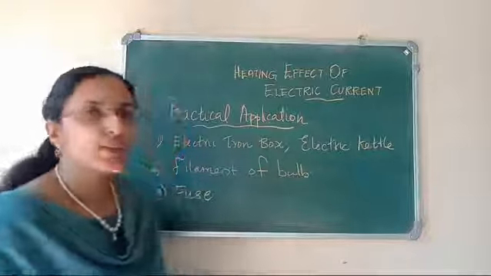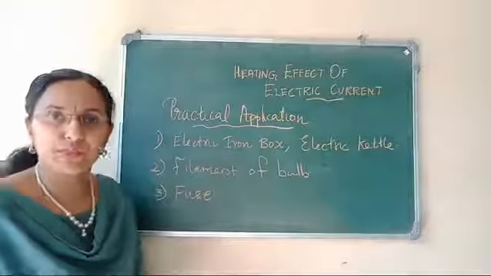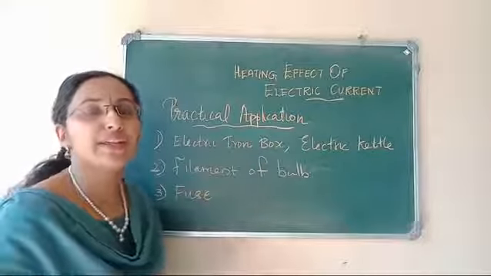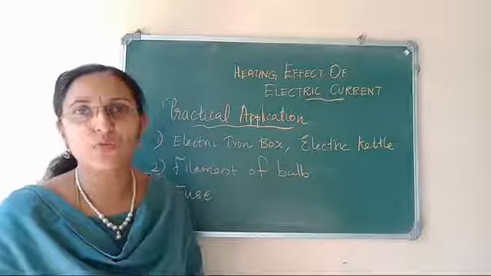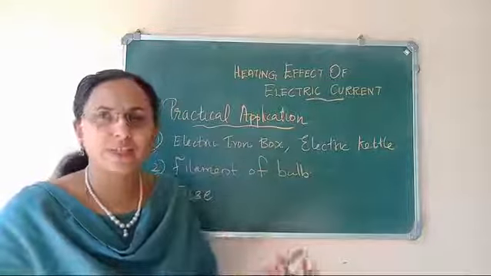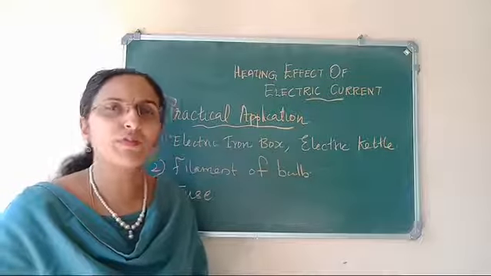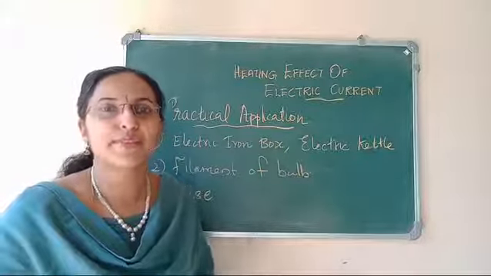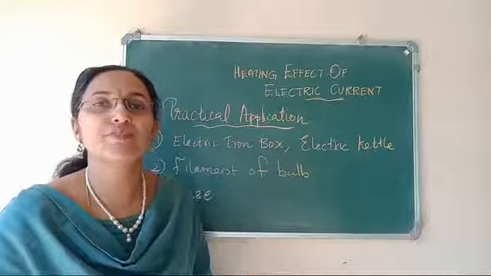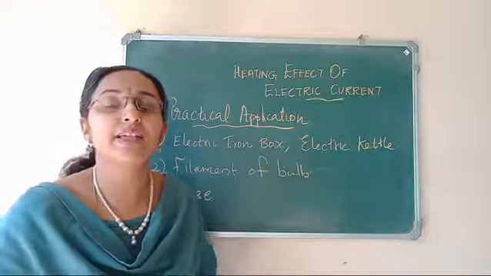And the third one is the fuse. It's very important, the working of the fuse. You already studied in 7th standard how a fuse works. A fuse consists of an alloy of lead and tin, or sometimes copper wire is also used, and this fuse is used as a safety measure. In all appliances a fuse is there, connected in series with that appliance.